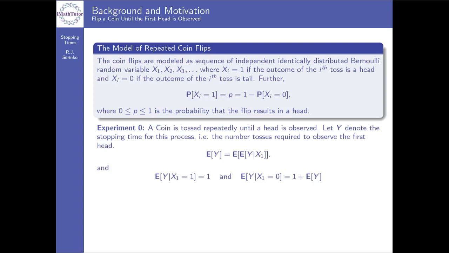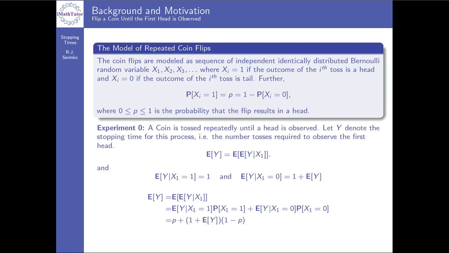So, summarizing what we found so far, the expected value of Y given X1 equals 1 is 1, and the expected value of Y given X1 equals 0 equals 1 plus the expected value of Y. Now, let's compute the expected value of Y using this well-known result from probability theory. We have that the expected value of the expected value of Y given X1 is the expected value of Y given X1 equals 1 times the probability that X1 equals 1, plus the expected value of Y given X1 equals 0 times the probability that X1 equals 0.